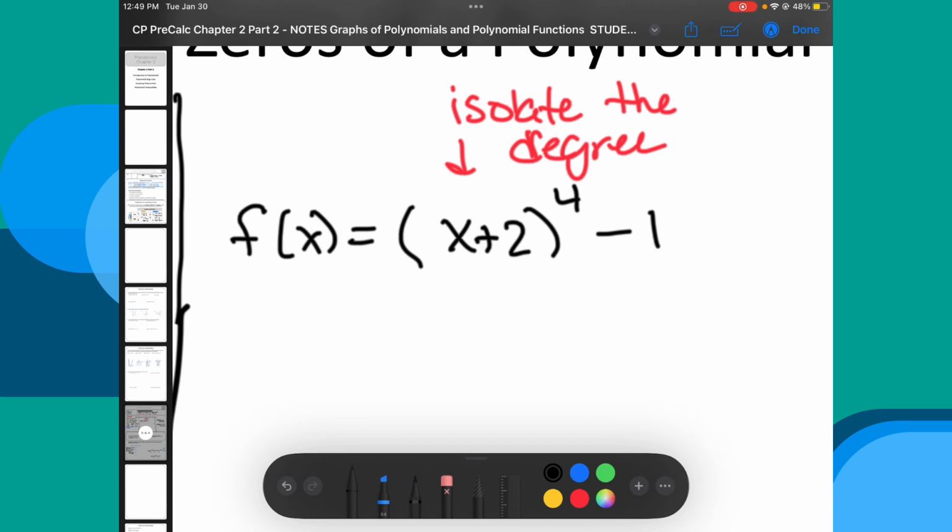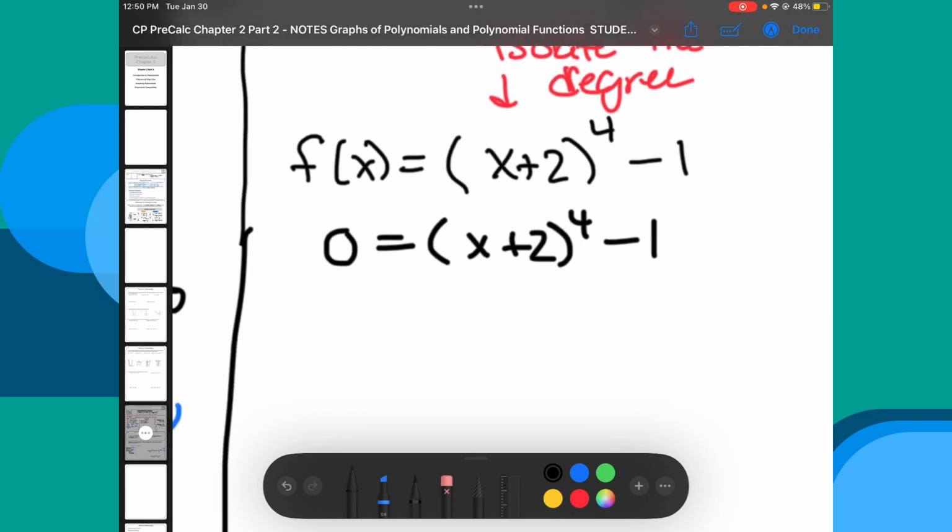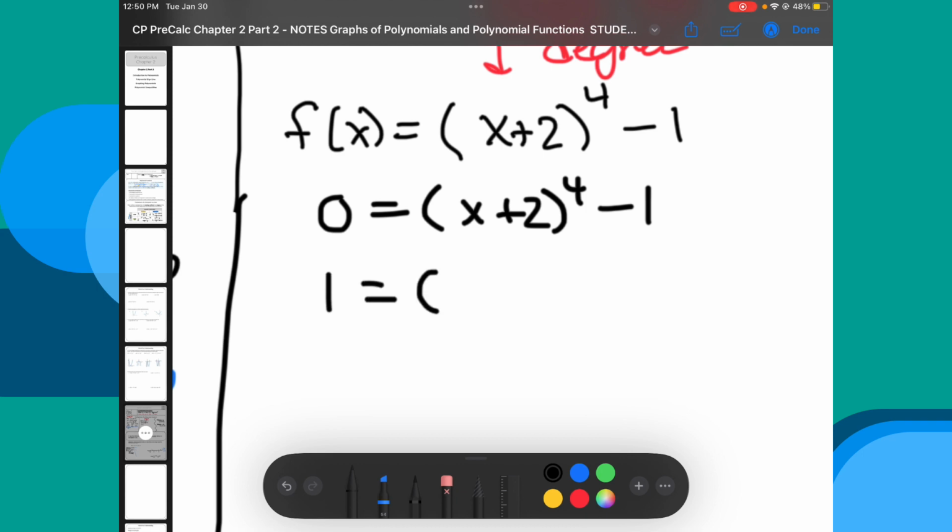When we're given our answer in non-standard form, we're going to isolate whatever's being raised to the degree, and then we'll take the root. So we're going to set it equal to 0. We're going to add that 1 to both sides. And then we're going to take the fourth root of both sides.